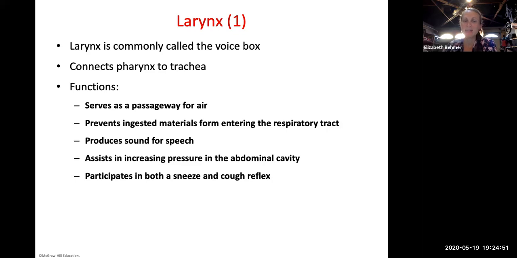It assists in increasing pressure in the abdominal cavity, by the vocal cords closing and the epiglottis closing. And it participates in both the sneeze and cough reflex. There are muscles surrounding the larynx with nerve endings that will stimulate a cough or a sneeze reflex.